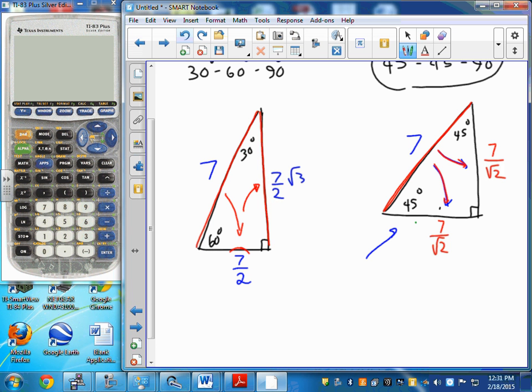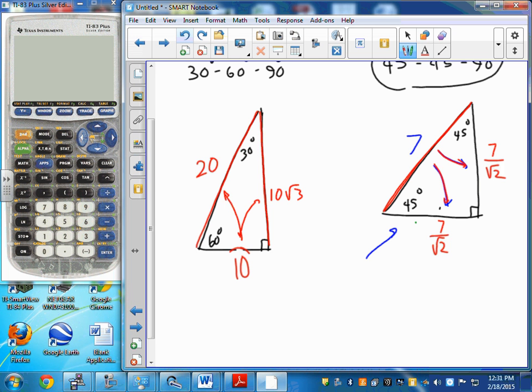Okay, now suppose I'm still looking at this 30, 60, 90, but this time I don't give you the hypotenuse, I give you the short leg. So that shouldn't be terribly hard. In fact, it's probably a little bit easier. Suppose I told you this was 10. Now the hypotenuse has to be twice as much, and this one just has to be 10 square roots of 3.